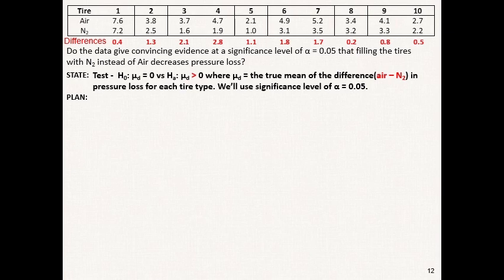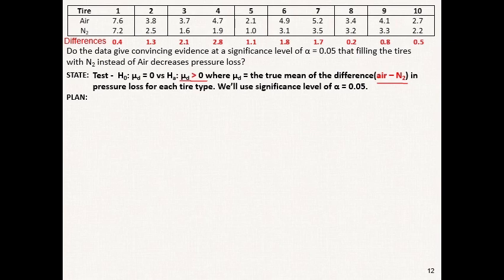So the difference, which in my case I chose air minus nitrogen, dictates that my mu sub D, the mean of the differences, is going to be greater than 0. If you by chance did nitrogen minus air, then you have to say less than 0 for your alternative. It's really important with matched pairs that the way you subtract the data agrees with your alternative hypothesis.